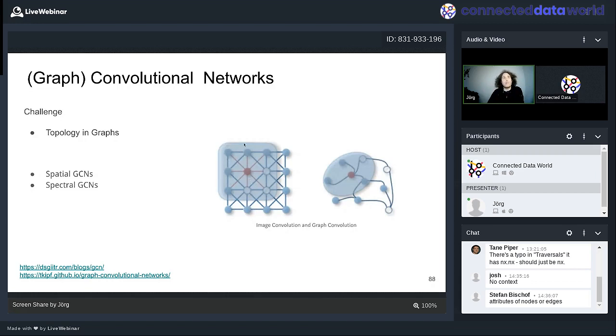And this invariant, this kind of function, black and white, holds across the entire picture. So we can apply that filter kernel across the entire image, convolve it across the entire image. If we want to do the same in general graphs, it becomes a bit harder because graphs don't have this regular structure. A pixel has a right pixel, but a node doesn't have a pixel below it or above it.